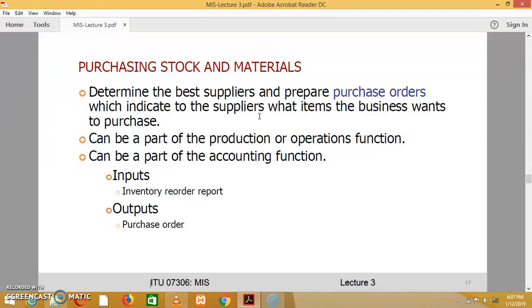If by chance we don't have those materials in stock, we go there to buy. So we determine the supplier and prepare a purchase order so that we can buy the resources that are needed for processing that order, so that we can produce that good, so that we can deliver it to the user.